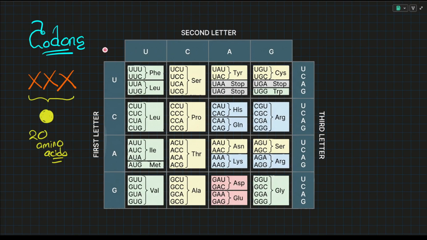Let's just take a look at 1 or 2 of these things. Now, if you have an AUC codon, that's going to code for this specific amino acid. Now, what is that specific amino acid? Each and every amino acid has a specific name.